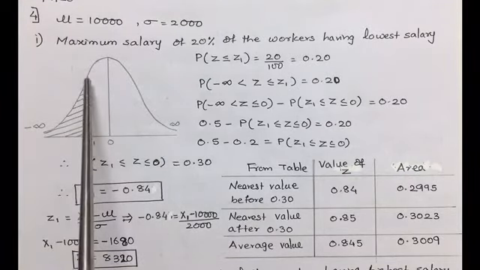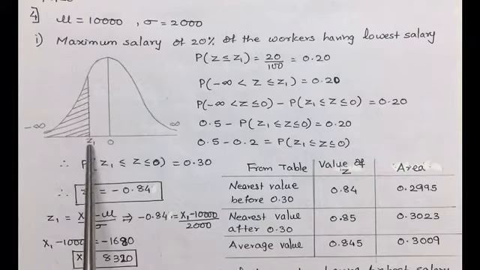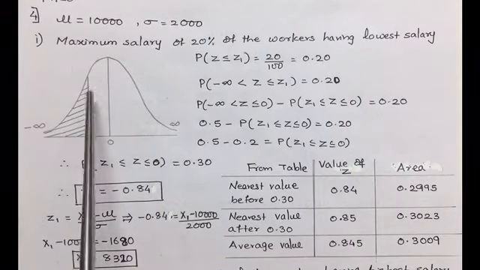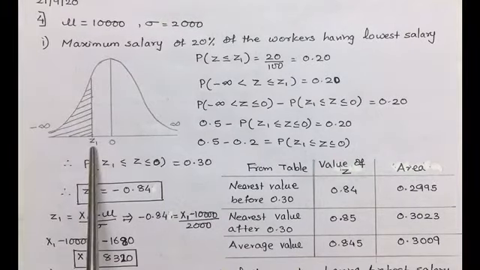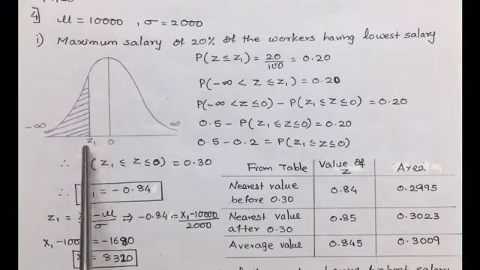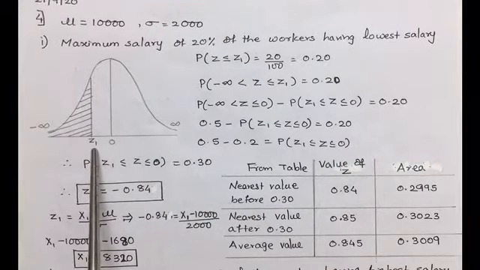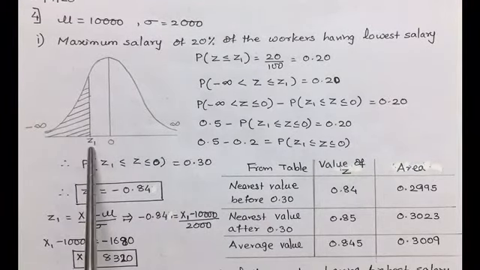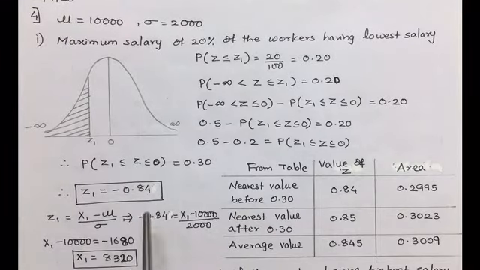So the limit of lowest salaries maximum limit we have to calculate here. So here the value of Z1 is to be calculated. Z1 will be converted into X1 to convert it into the proper salary.